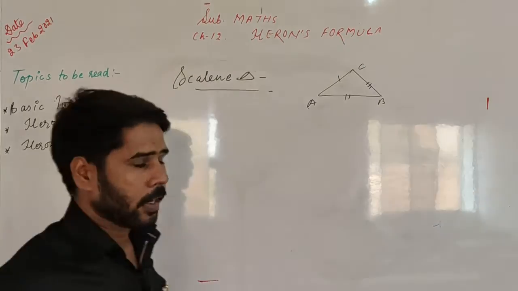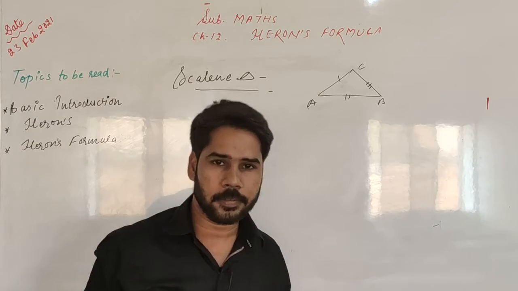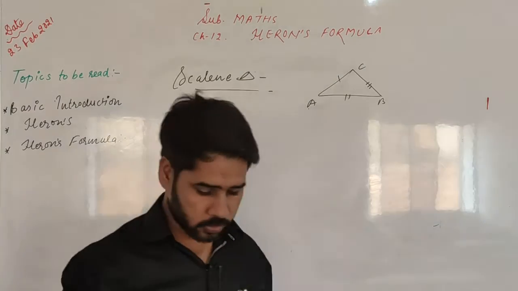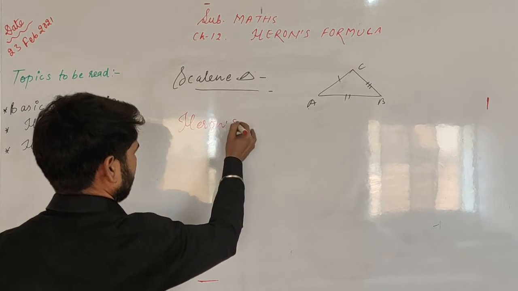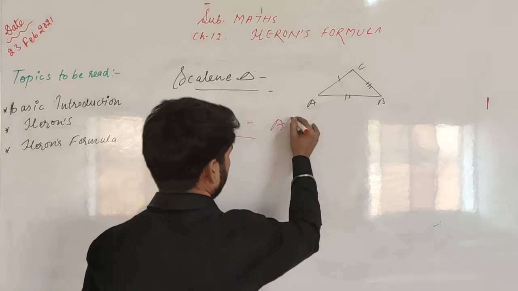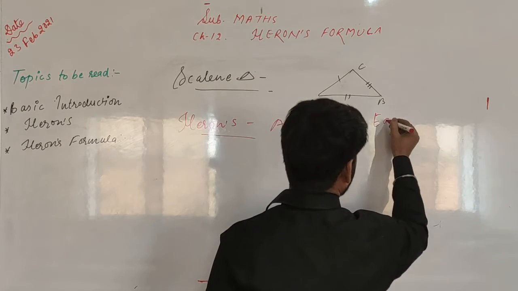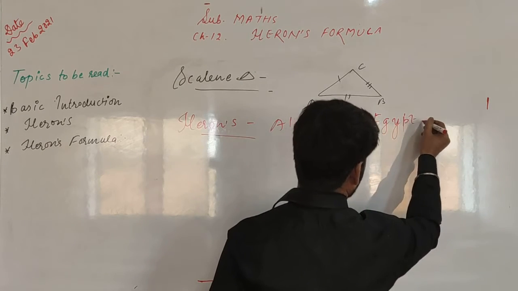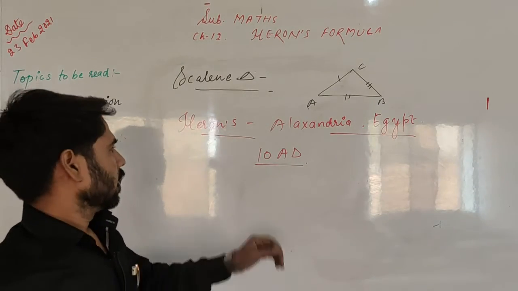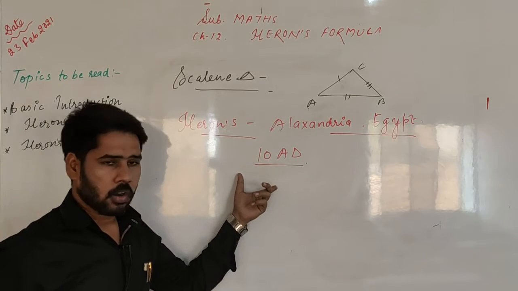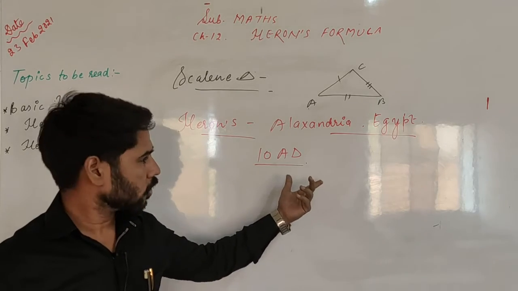So for this, one of our great mathematicians, Heron, who belongs to Alexandria, which is in Egypt, in 10th AD, he wrote different books based on mensuration.